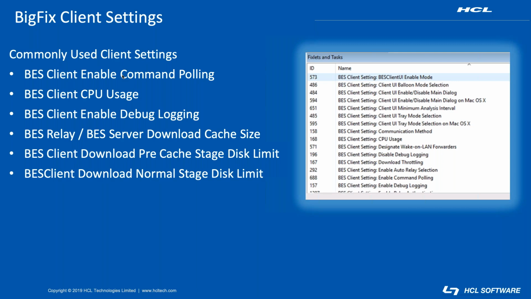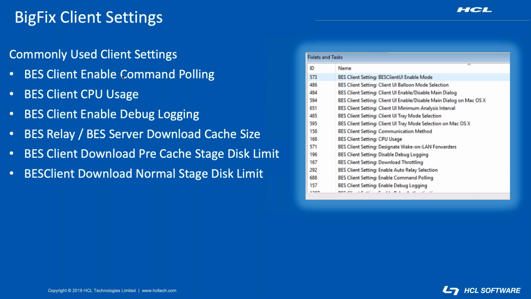Further down, we have the BES client download cache stage disk limit. This setting stops pre-cache stage downloading if the client is already using this much space. Actions marked for pre-caching will report constrained if the total space used for downloads exceeds this limit.